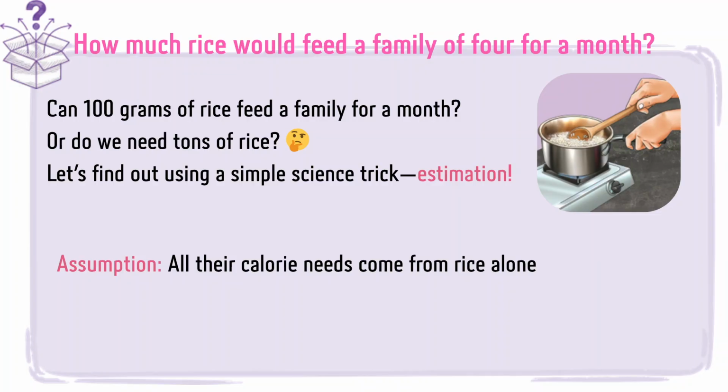How much rice would this family need for an entire month? At first, the answer may seem impossible to guess, but science often begins not with exact numbers but with reasonable estimates, and an assumption that all calories come from rice alone is set.